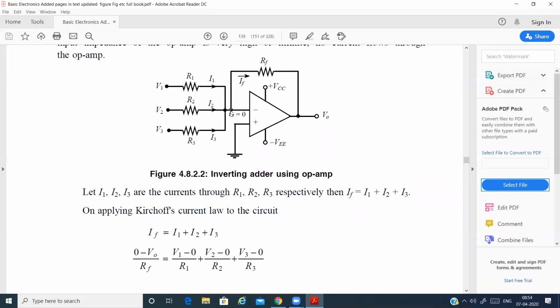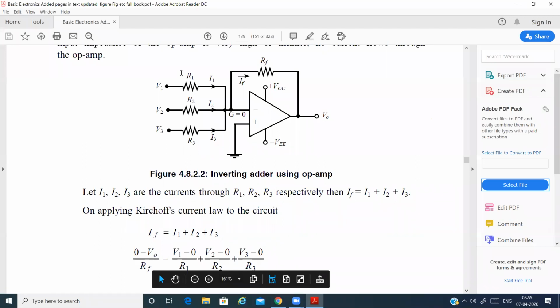So the voltage at this point will be equal to the voltage at the non-inverting terminal. The non-inverting terminal is grounded, so it has zero voltage, and this also has zero voltage. So IF is 0 minus V0 by RF. I1 is the current coming from V1 to this point, so V1 minus 0 divided by R1. It is just Ohm's law, I is equal to V by R.